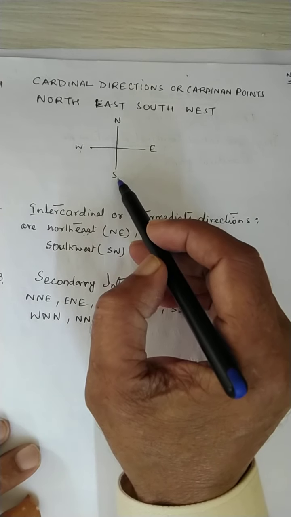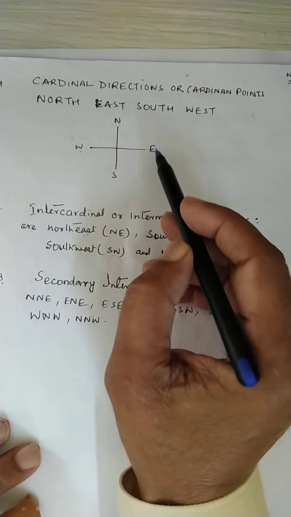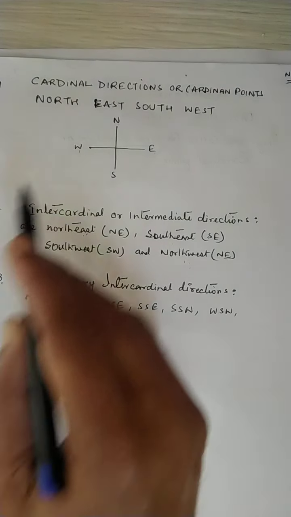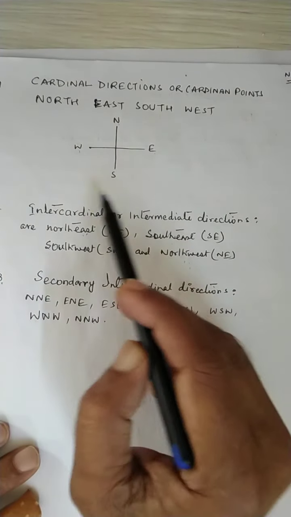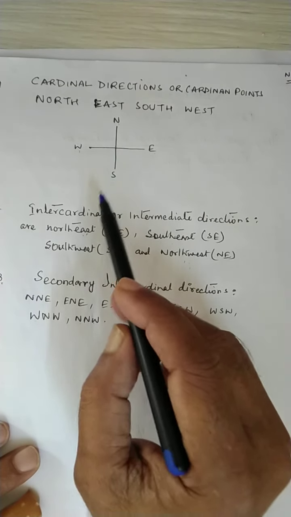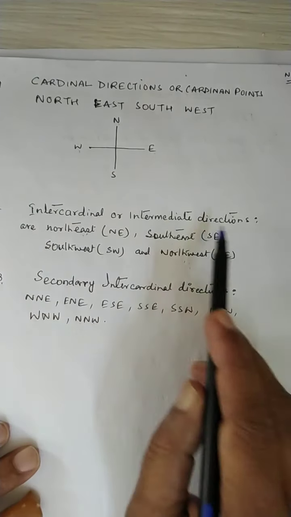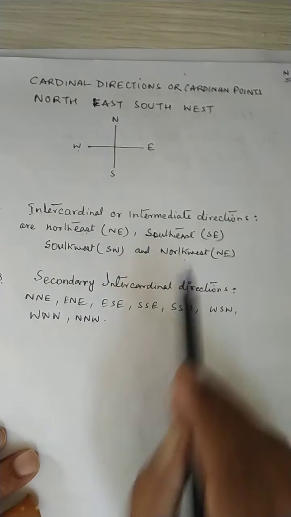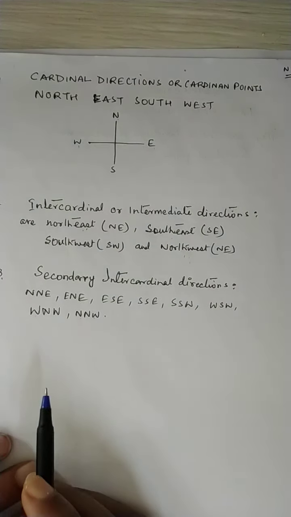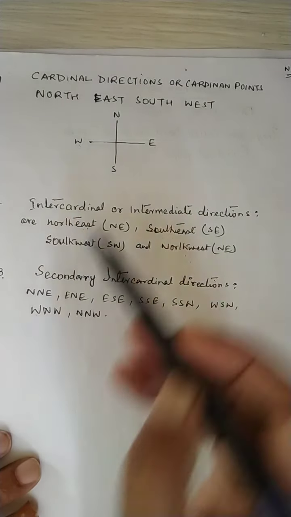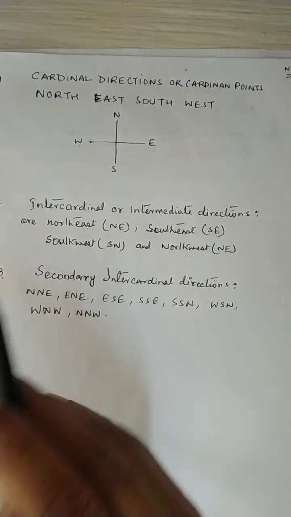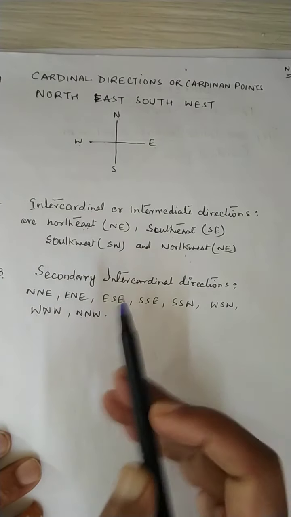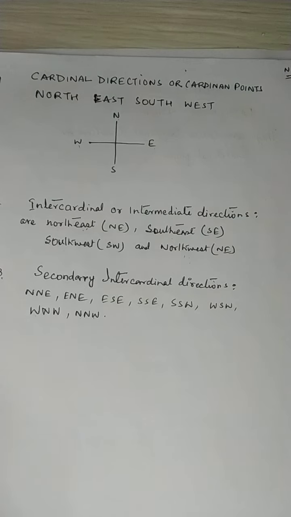They are denoted by their initials N, E, S, W. The directions between the four cardinal points are called intermediate or intercardinal directions: northeast, southeast, southwest, northwest. And the intermediate directions between the intercardinal and cardinal directions are called secondary intercardinal directions.